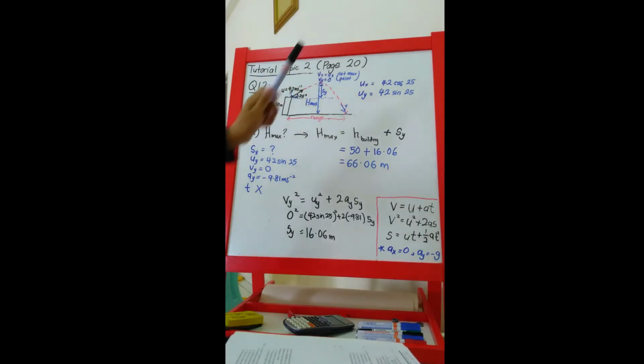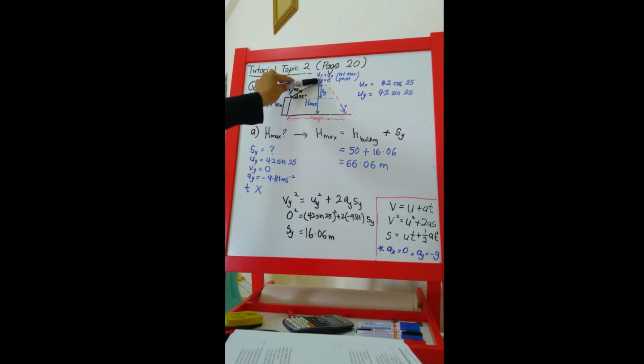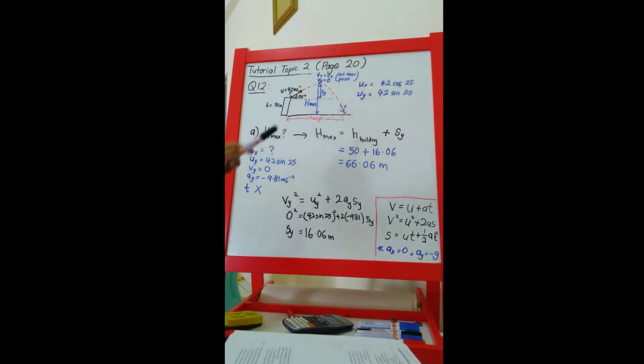At the maximum point, you should know that vy is always equal to 0. Why? Because as the object goes up to the maximum, that particular maximum point is where it turns its direction. Therefore, at that point the velocity is 0.